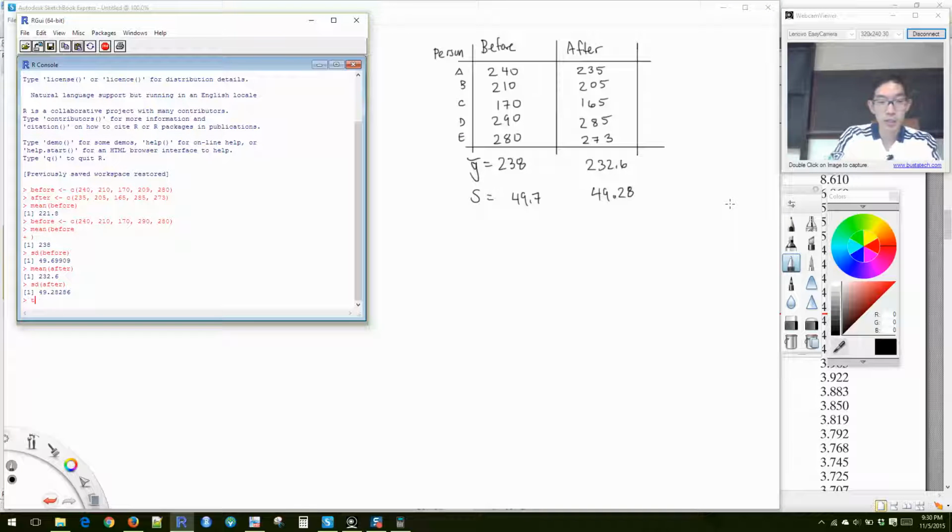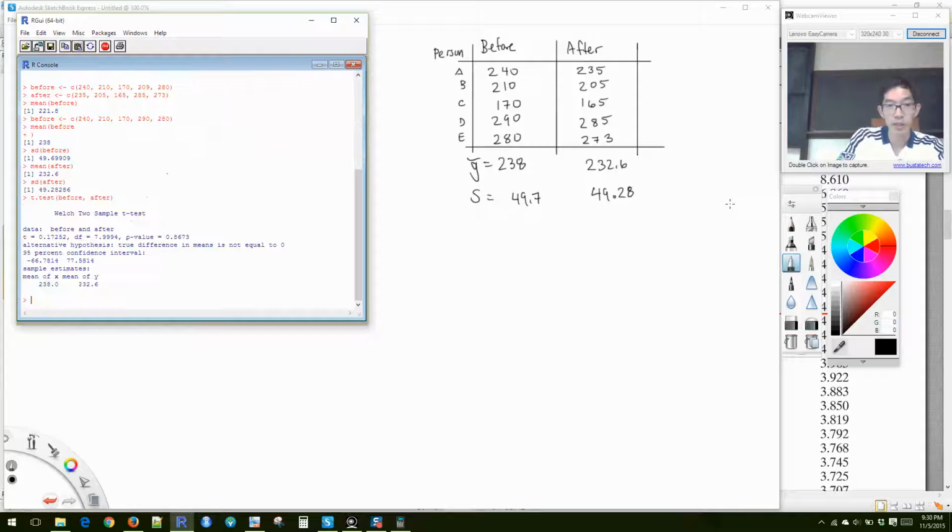And then to do a t-test, you just do t-test before, after, and that does a two-sided test. What we should do is not a two-sided or non-directional test, but what should we say?